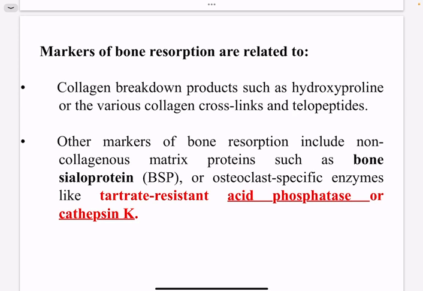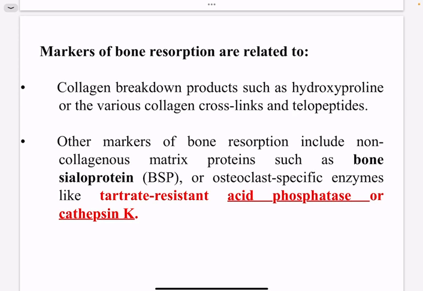These other enzymes are tartrate resistant acid phosphatase and tartrate sensitive acid phosphatase released by other types of cells. This type of acid phosphatase is resistant to tartrate, meaning that in the lab I can make a specification of the type of acid phosphatase, which is ACP. And we have ALP, which is alkaline phosphatase, as well as cathepsin type K. So these are the most common bone resorption markers.